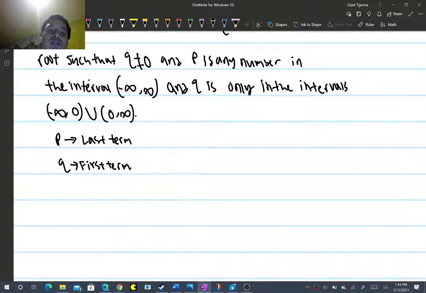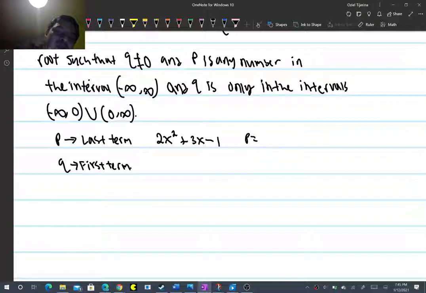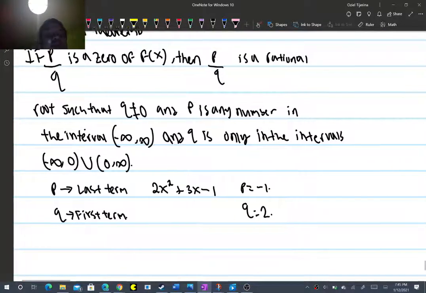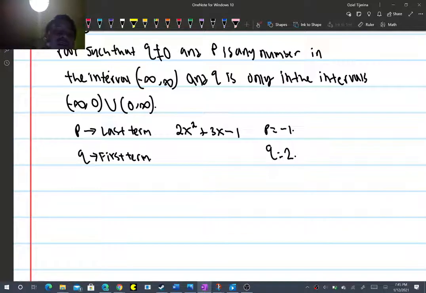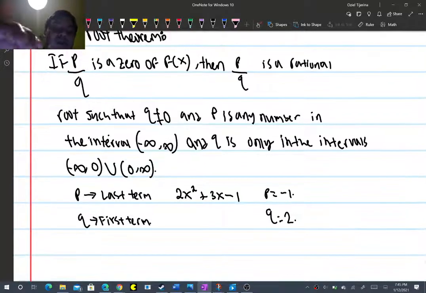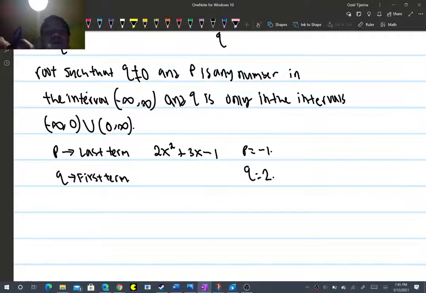So if I have, let's say, 2x squared plus 3x minus 1, p equals -1, q equals 2, okay? That's what this is saying. And that means that you would say the factors of -1 over the factors of 2, okay? That's basically what this is saying.